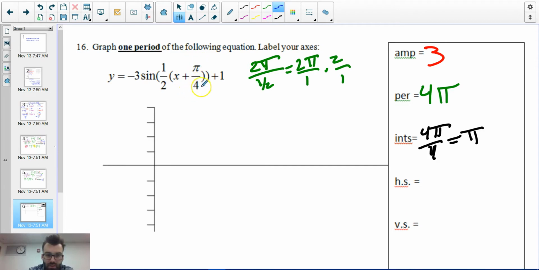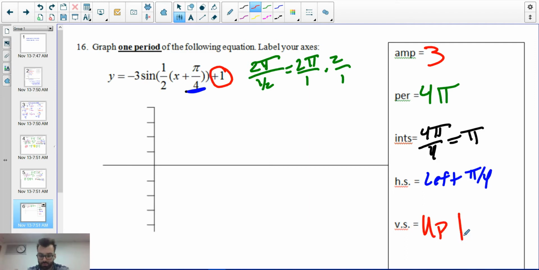Horizontal shift is this value here. That's our C value. So I'm going to the left pi over 4. And vertical shift is up 1. Remember, when I have a vertical shift up 1, that changes my midline.